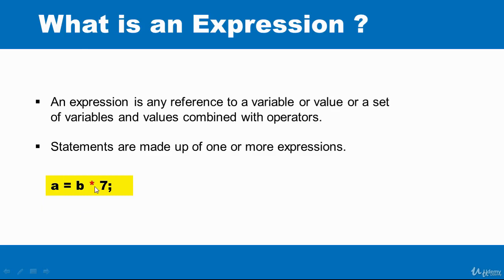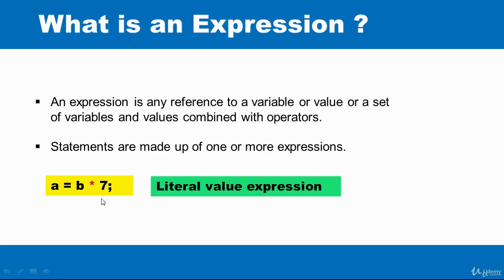It's a complete statement. This is known as a statement in programming. This here is a JavaScript statement. This statement basically has 4 expressions inside it. We've got the 7. This is known as a literal value expression.